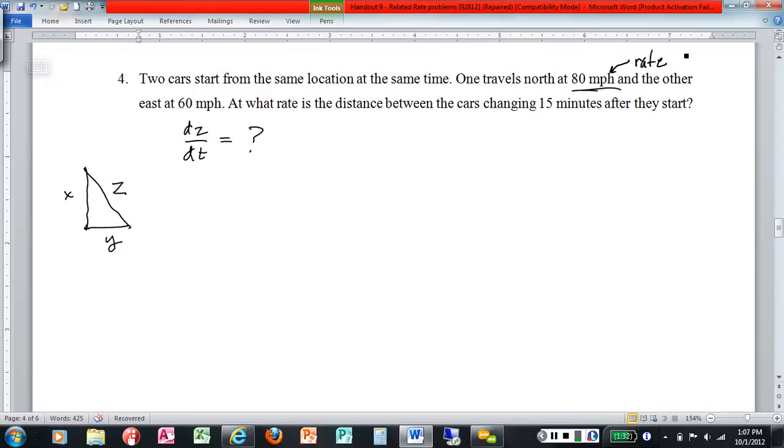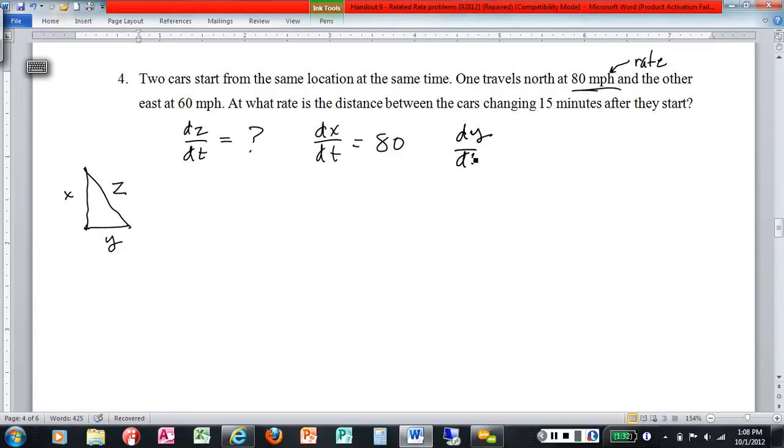Well, in our calculus terms, isn't that the rate X is changing with respect to time? It's dx dt. dx dt we know is 80. So these rates of travel, how fast a car or airplane is traveling, are going to be d/dt's. In this case, the 80 is dx dt. What about the 60? That'd be dy dt. Okay?